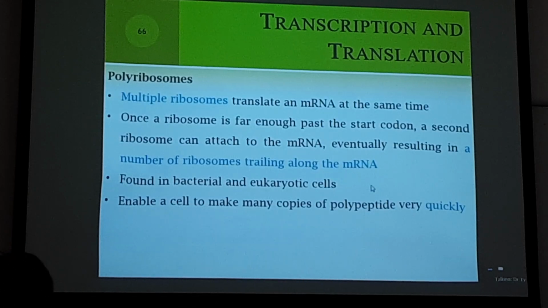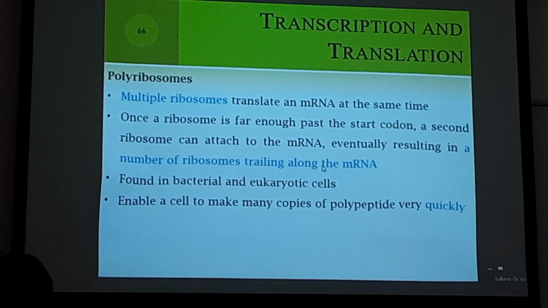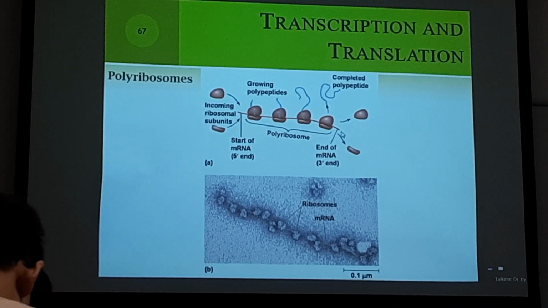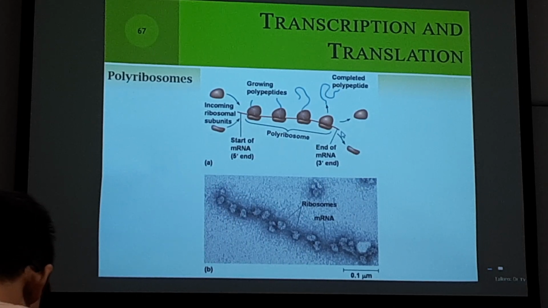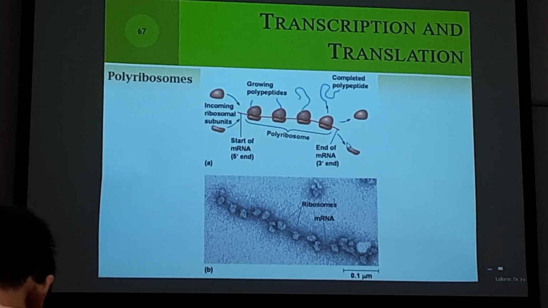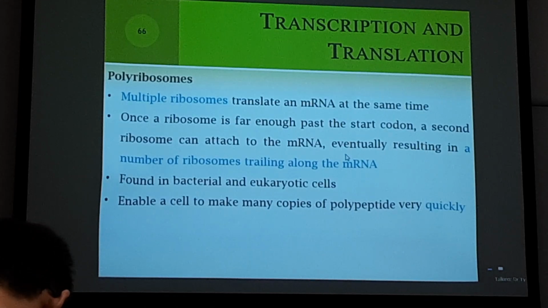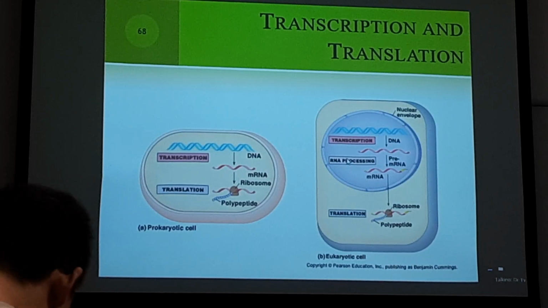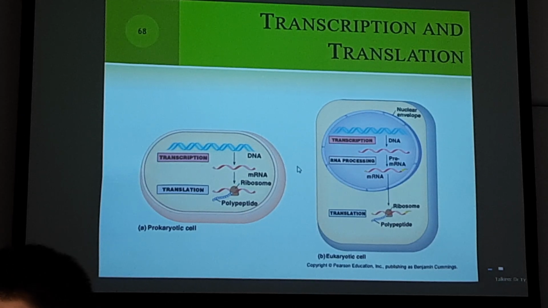They speed up everything, okay? Because you don't have to wait for one ribosome to finish the step before the other one. So you can start many syntheses of protein on the same mRNA template with more than one ribosome. So basically speeding up the whole process. And that's why we can make the protein fast enough like that.